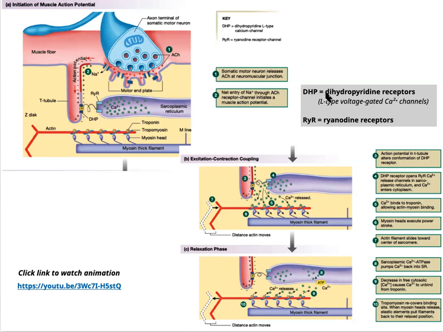These DHP receptors, also called L-type voltage-gated calcium channels, are linked to another set of channels located on the membrane of the sarcoplasmic reticulum. These other calcium channels are known as ryanodine receptors.